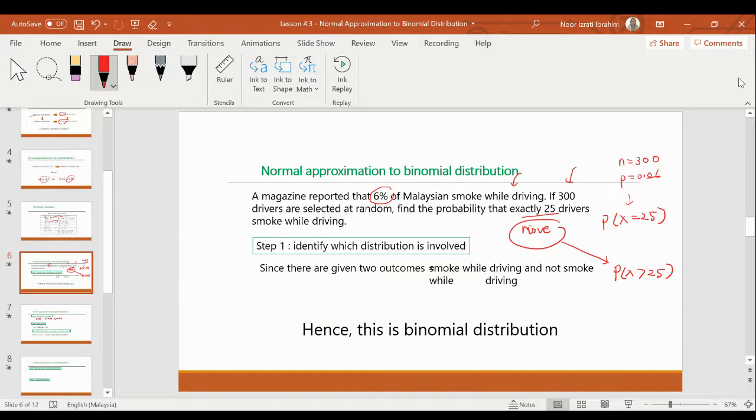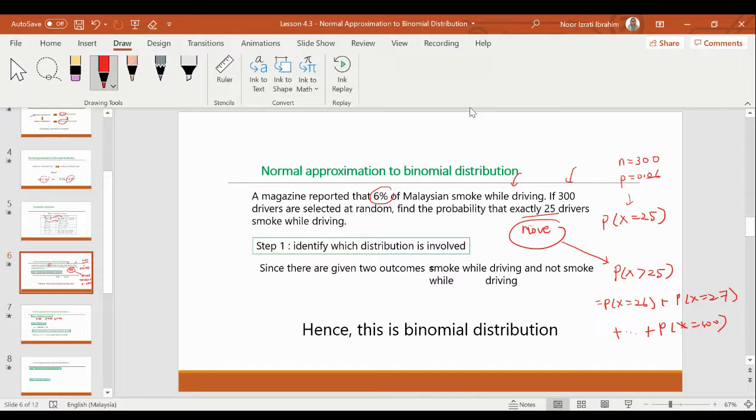How do we find the probability for the binomial? You have to add, when x equals 26 plus x equals 27, so this will be the probability of x equals 26, plus the probability of x equals 27, until the probability when x equals 300. It will be a very long working if you still stick to binomial.